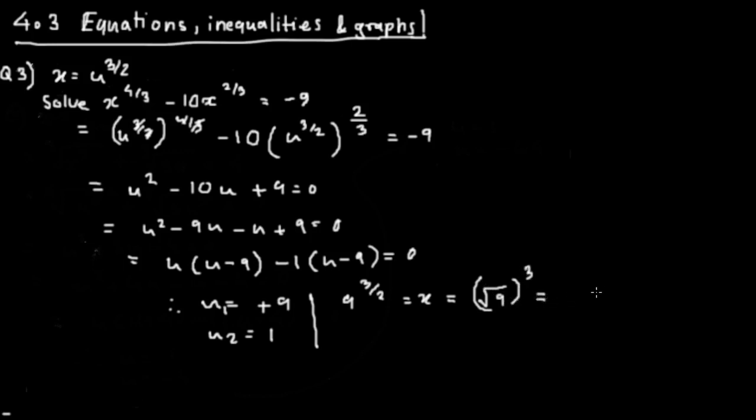And that is equal to 27. This is 3, and then 3 to the power of 3 is 27. And then for u squared, this is just 1, 3 over 2, which is just 1, right? So that's for question 3. It looks intimidating, but we just have to simplify it pretty well.